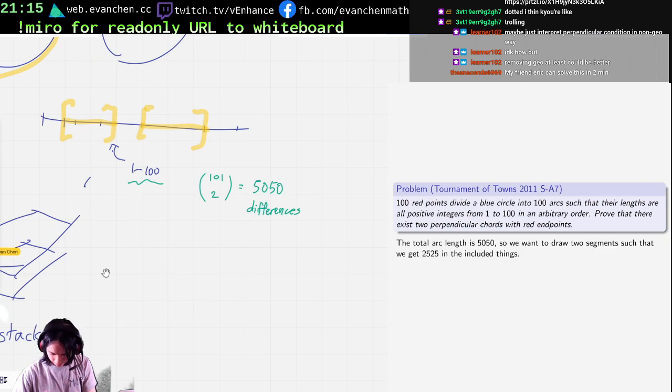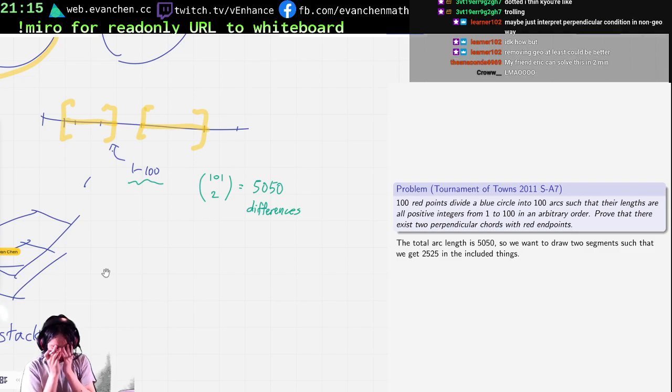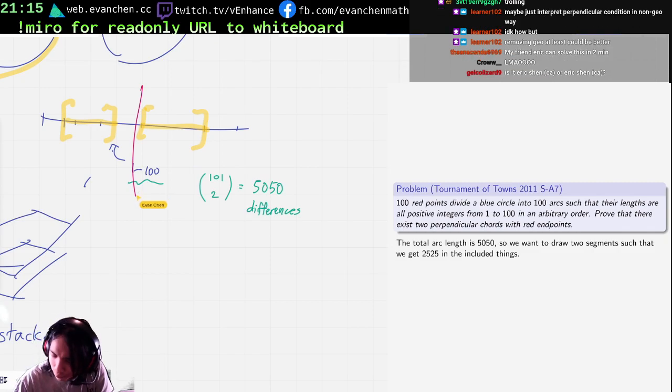It's like my nightmares. Okay, so there's 100. There's 101 points. What if I just cut it in half? Okay, let's cut it in half. Whatever, I stopped. So, there's 101 red points now that I cut it.